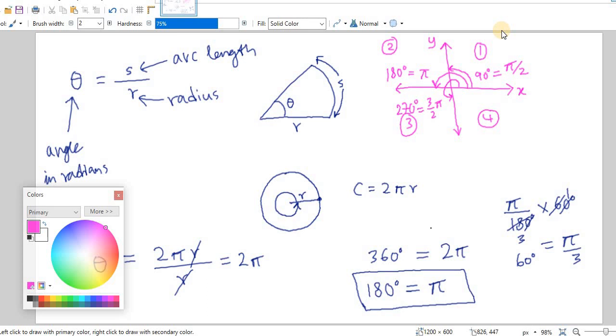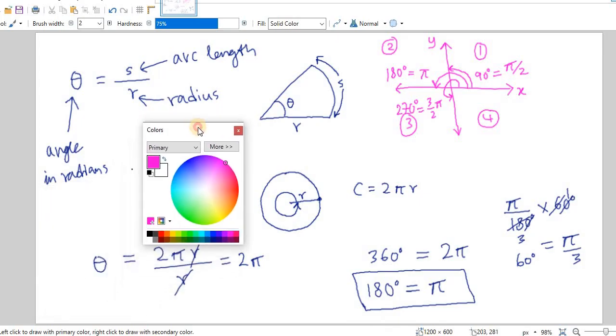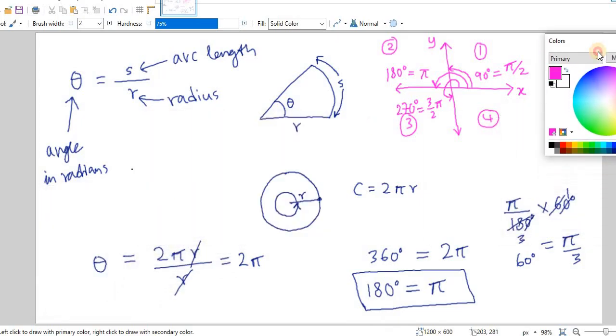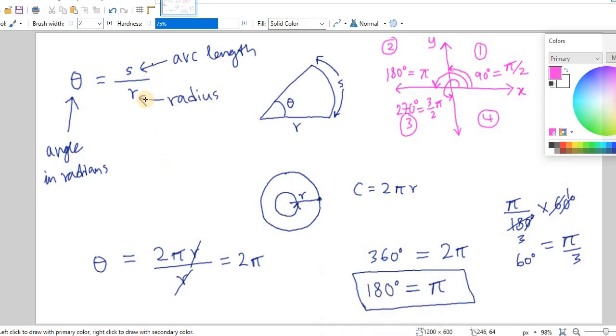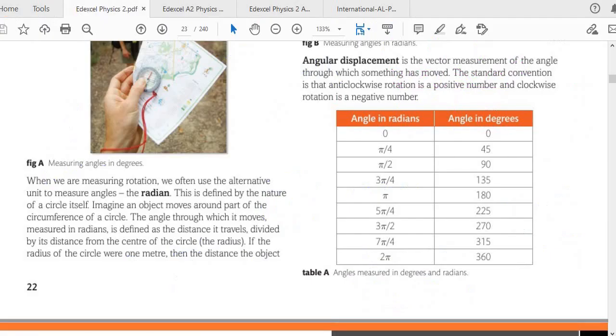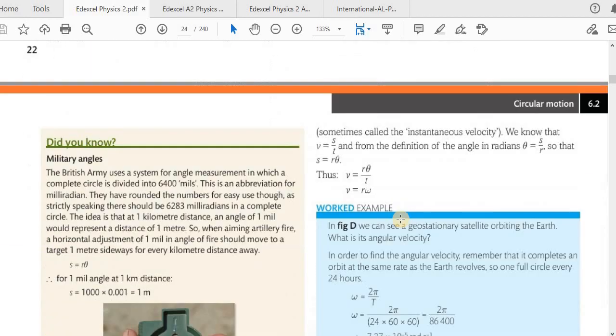I'm just showing you this, but you can directly convert and see. All the way around, it's 360 degrees. So this is the conversion from degrees to radians, and radians to degrees. Like I said, try a few examples, then it will be easier for you. We also saw that the radian is the arc length divided by the radius. So you can do some of the questions here and check using this table.